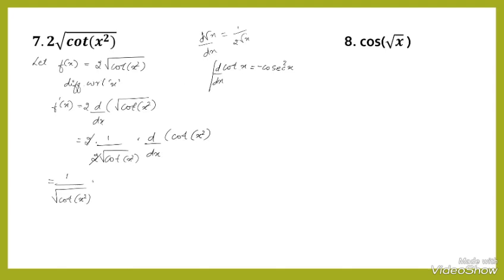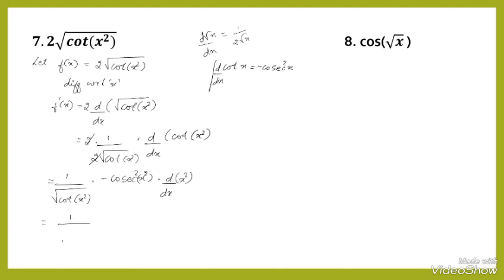So, differentiation of cot I will replace by the formula minus cosec square x. Here in place of x we have x square. That's why I will take again differentiation d by dx of x square.